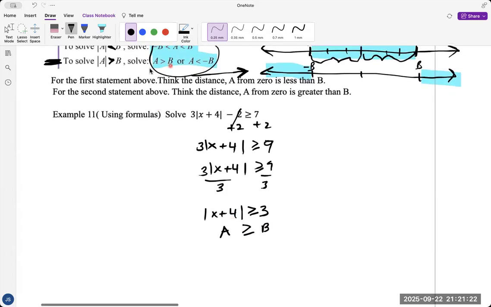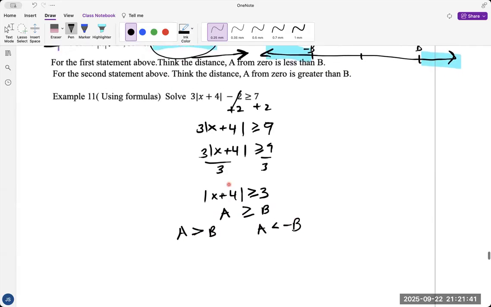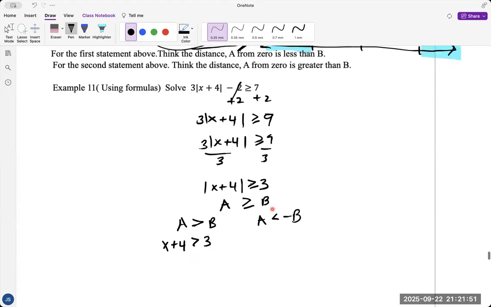So the two resulting inequalities: I'm rewriting this now and plugging in what my A and what my B are. So my A is x plus 4, so it means x plus 4 is greater than or equal to 3. And then I plug in my A, x plus 4 is less than or equal to -3.